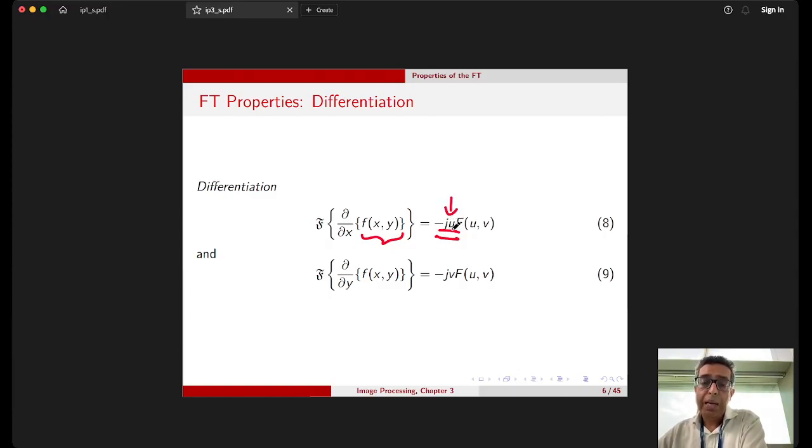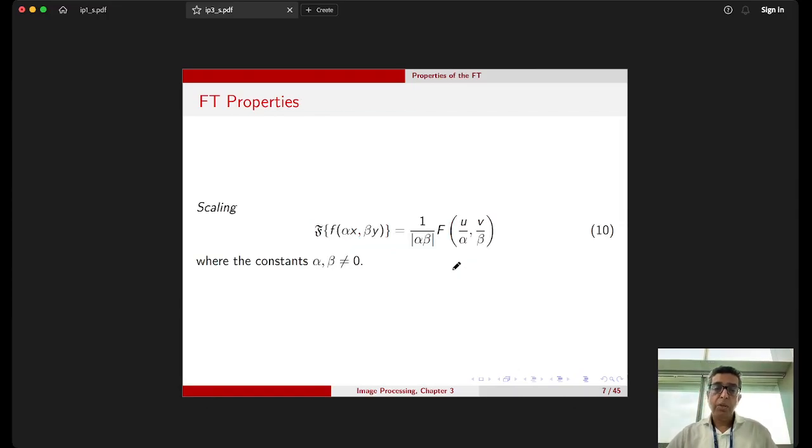If we take higher order partial derivatives with respect to x, we simply keep on multiplying by minus ju. So the second order partial derivative with respect to x will have another multiplier of minus ju, the j's become a minus 1, the minus multiplications cancel, and you get a minus u squared times F of u, v. Similarly, if you take a partial derivative with respect to y of f of x, y, you simply multiply the Fourier transform by minus jv. So these are all really nifty things.